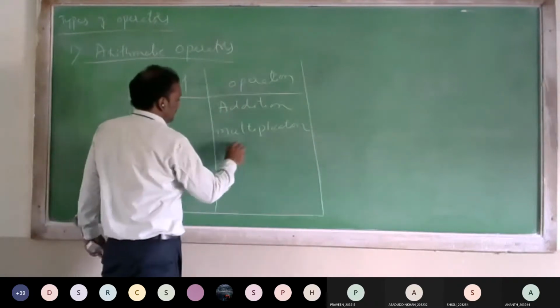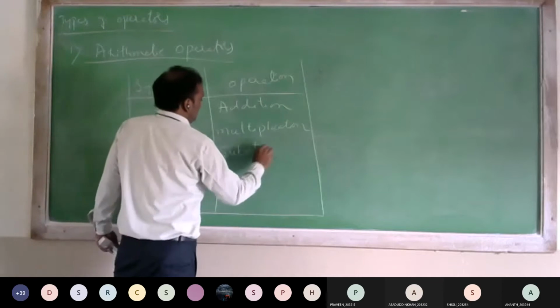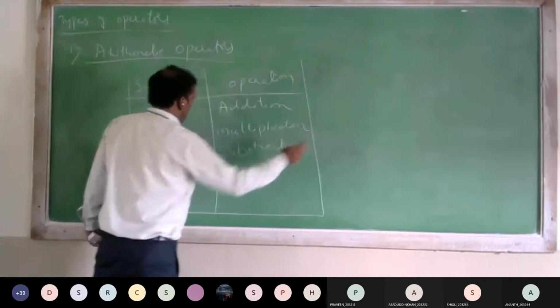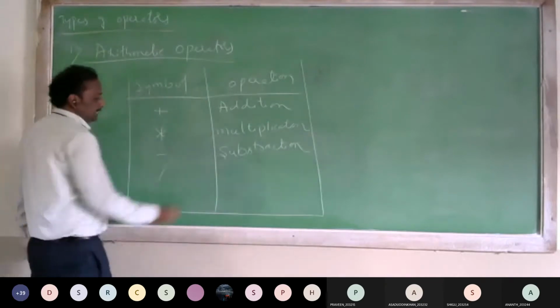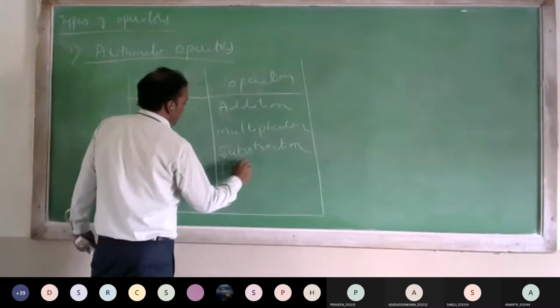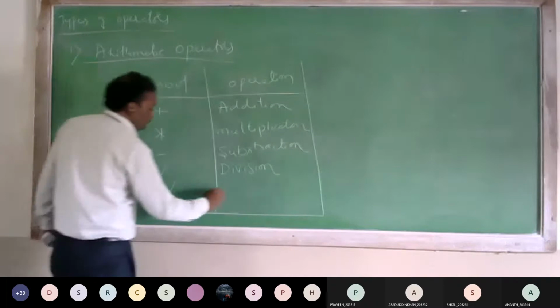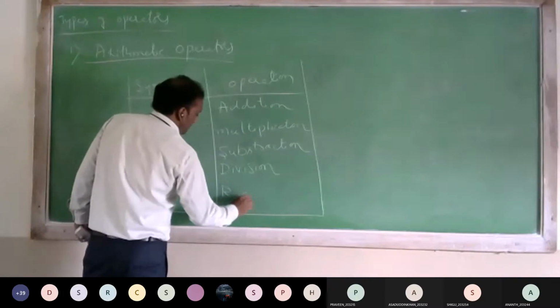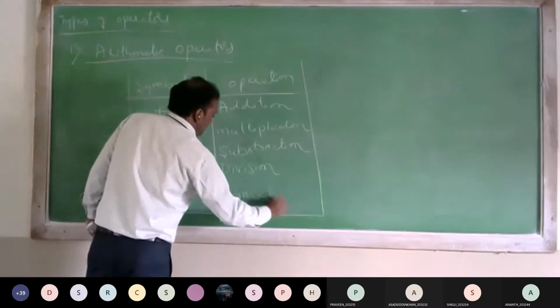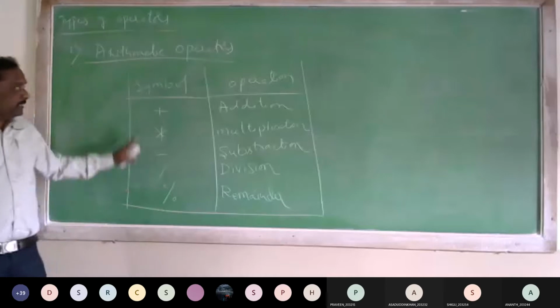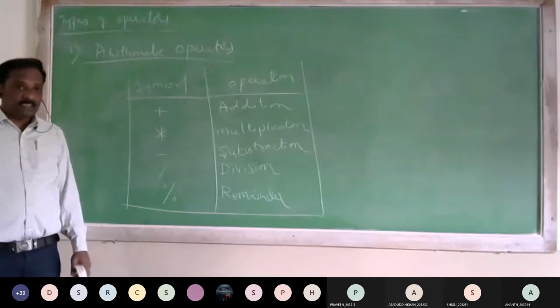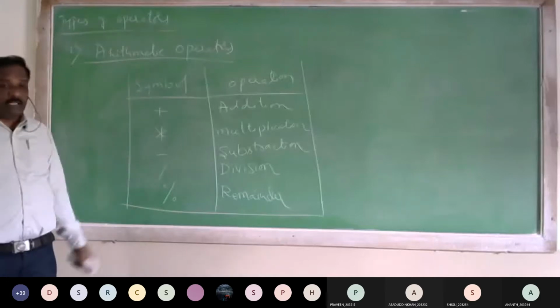Minus is used for subtraction. Slash is used for division. Modulus is used for remainder. So these are the 5 operators belonging to arithmetic operators.